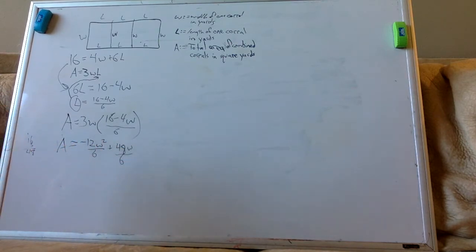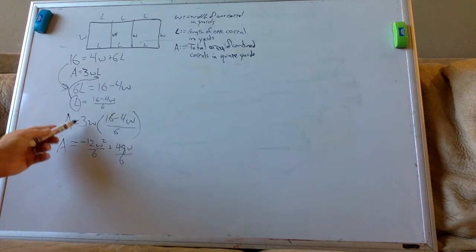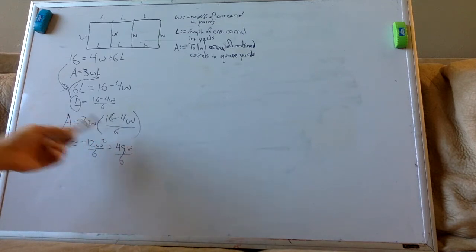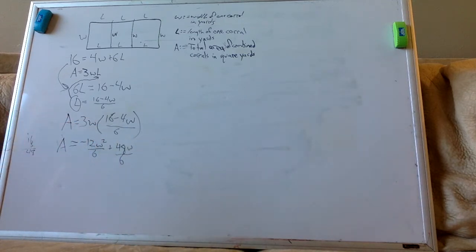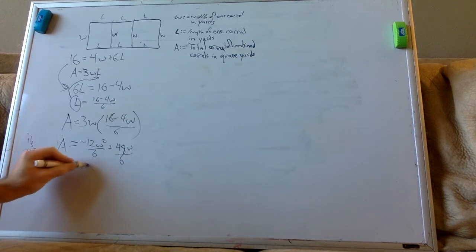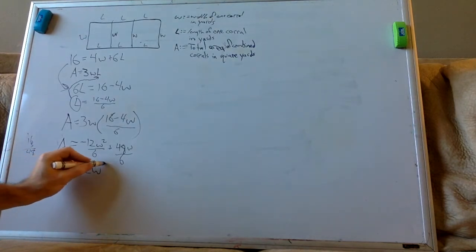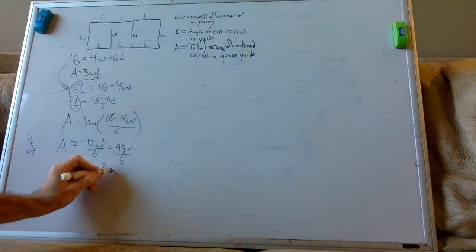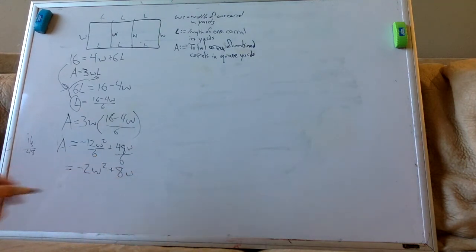Now, of course, I should have been a little smarter, and I could have said 3 divided by 6 is 1/2 first. So I know that that's going to become 8. So I have negative 2W squared plus 8W.